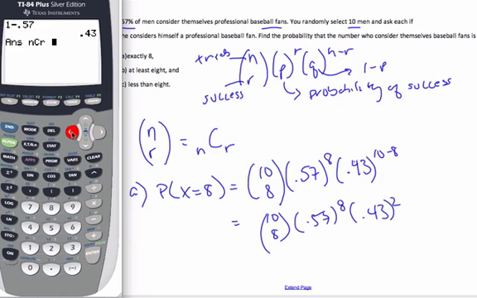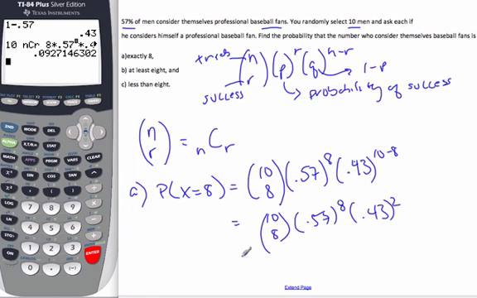I had to make this a 10 first. 10 choose 8, times 0.57 to the power of 8, and then times 0.43 to the power of 2.